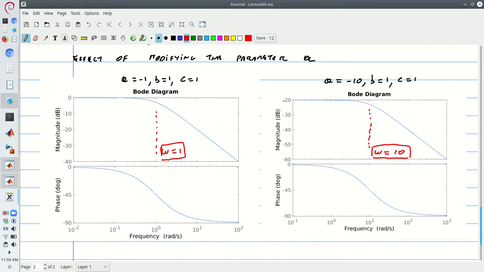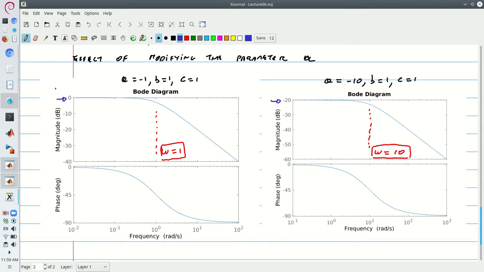And another thing that happens here, at least in this case, is that we have a reduction in amplitude, because the amplitude here was one, at least for low values of omega, pretty much 0 decibels. 0 decibels means no amplification, and instead minus 20 decibels means that you are going to reduce the power of your signal by a factor 10.